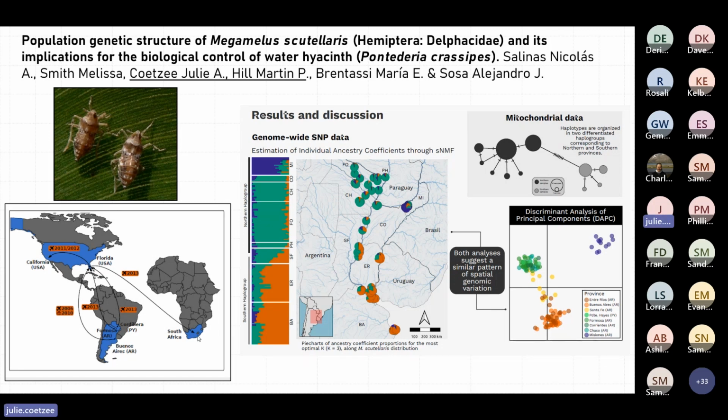South Africa got the Buenos Aires Megamelis, whereas Florida released the Paraguay Megamelis. South Africa has got incredible success, whereas Florida has not. And what Nicolas has shown, and this was his award-winning poster, is that we are dealing with different haplotypes based on where these Megamelis populations originated. And this could, again, suggest we're dealing with cryptic species.